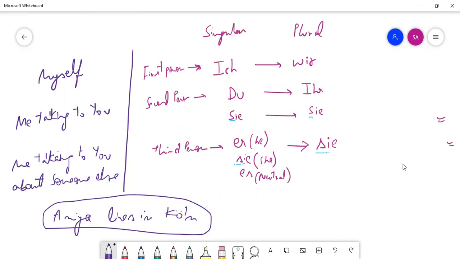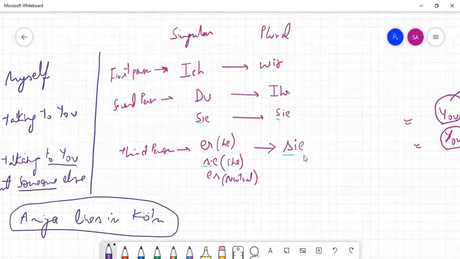Let's say I'm talking to Raghu and I'm telling Raghu, do you know that Amir lives in Köln? So it is me talking to you. Maybe you will be replaced with someone talking about someone else, some third person. So that's a practical scenario. Any questions, friends, up to this point?